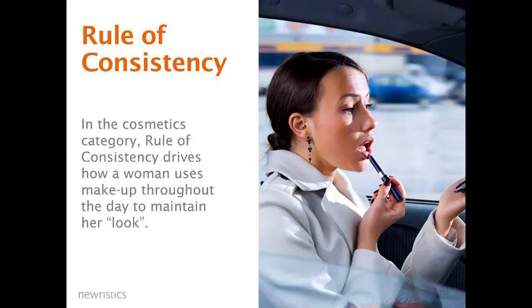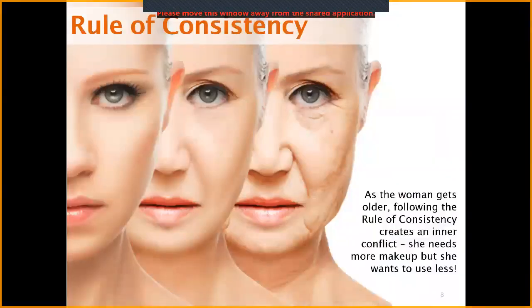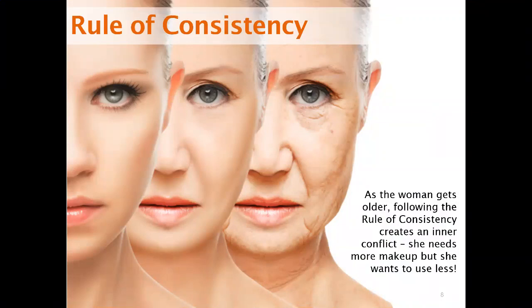Now, if you do research in customer behavior in this category, a very interesting dynamic emerges from understanding this heuristic or rule of consistency. As the woman ages, maintaining the look becomes harder and harder because the skin changes and you also change as a person.